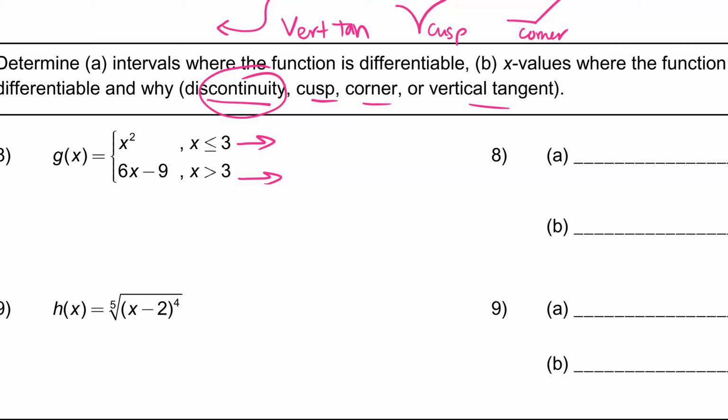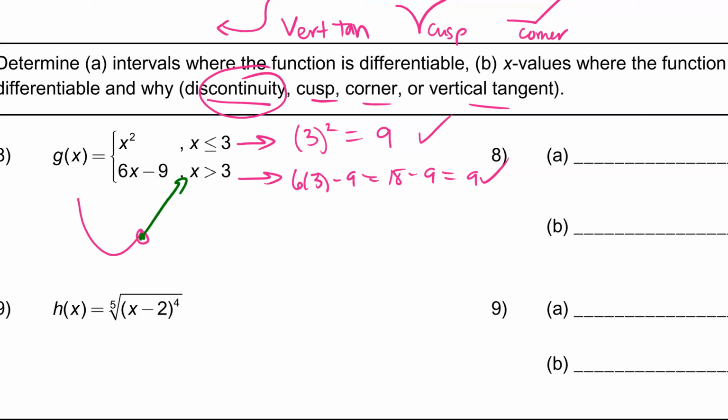Meaning you won't be able to take a derivative. Okay. So let's see what this value would be. 3 squared is 9. 6 times 3 minus 9 is 18 minus 9, which is 9. Okay, we're approaching the same number. Meaning, where one of these is leaving off, the other is coming in and taking over. So it's continuous. It's actually continuous. Wonderful.